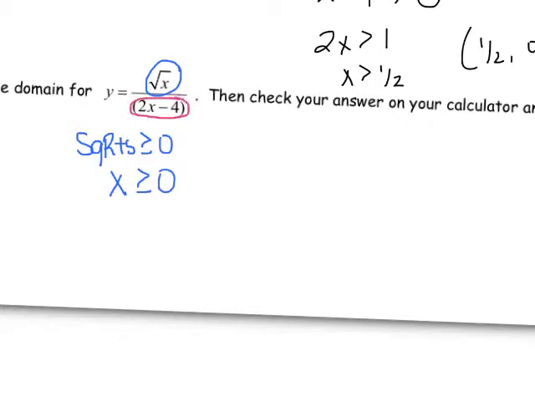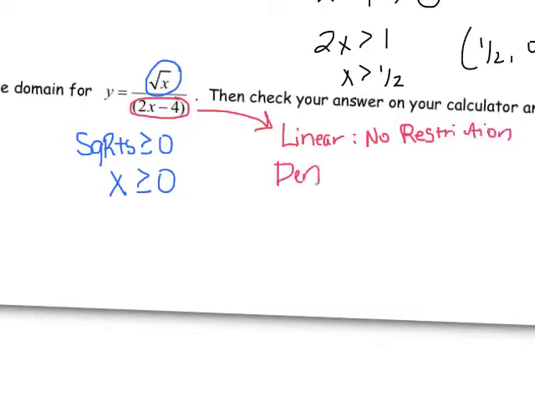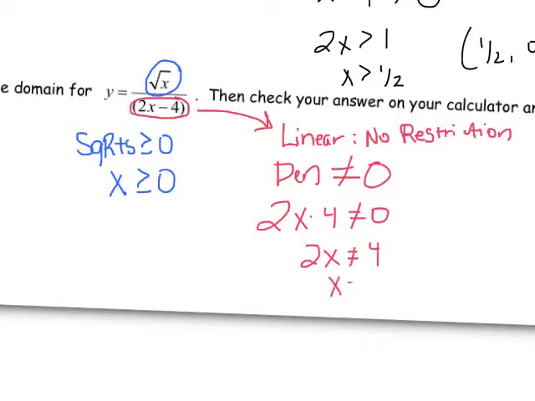Now 2x minus 4, well, that's just a linear function, so that gives me no restriction. But not only is it a linear function, but it's a linear function that's in the denominator. So now we got to say, but don't be 0. Just because it's in the denominator. So now I got to say 2x minus 4 is not allowed to be 0. So if you add 4 and divide by 2, x is not 2.